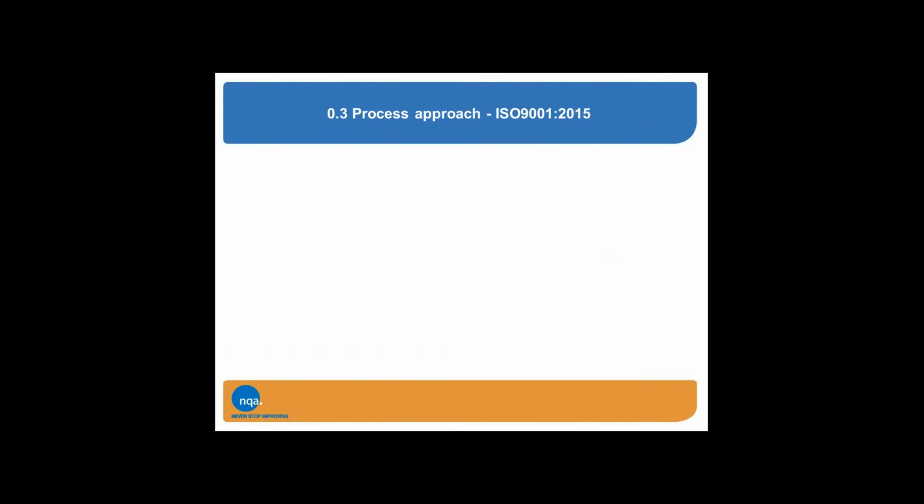So there is a section 0 in 9001 that's worth having a look at, and we have the process approach identified, explained here, and we have a general introduction to the process approach, the fact that it's very much linked to the plan, do, check, act cycle, and I'm sure many of you are familiar with that. We're also introduced to risk-based thinking.